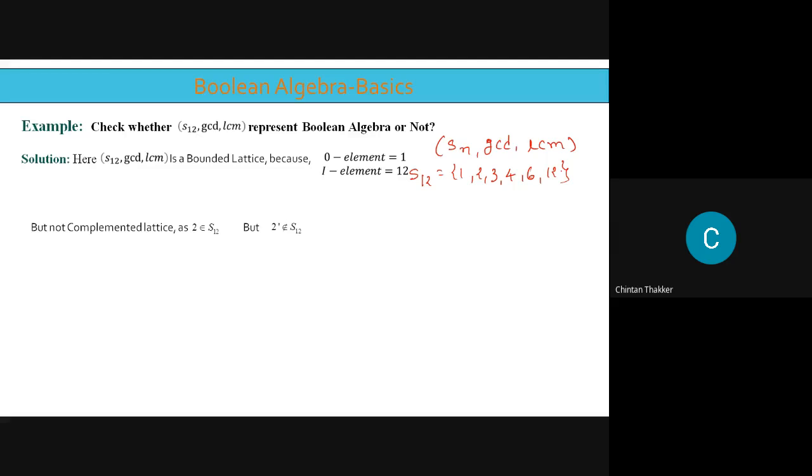That means there does not exist any complement of 2 in S12. Therefore it is not a Boolean algebra. So S12, GCD, LCM is not a Boolean algebra.